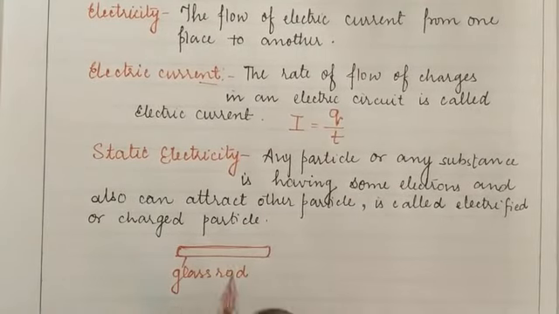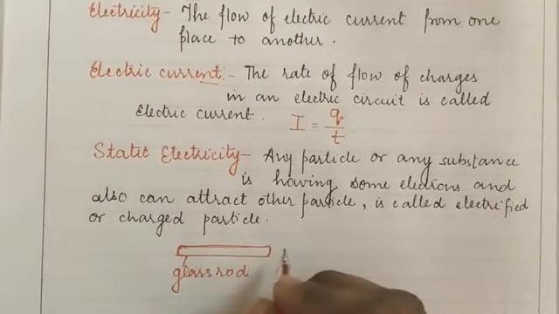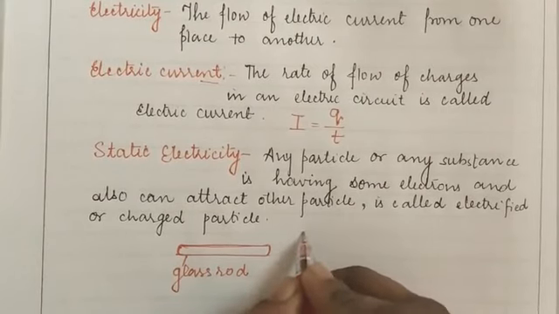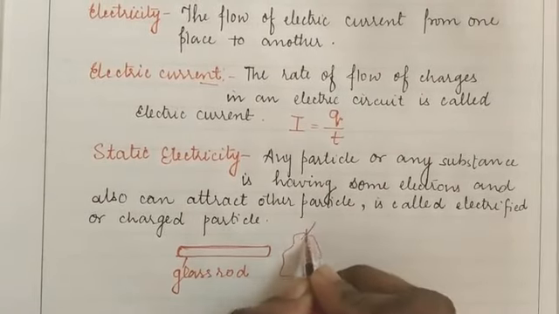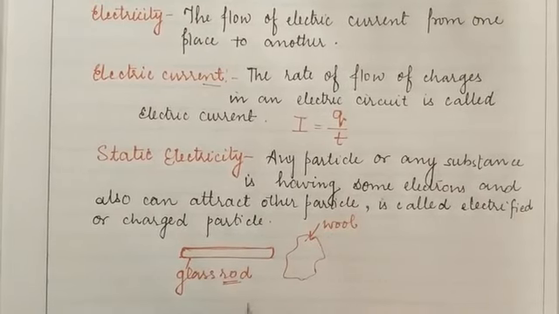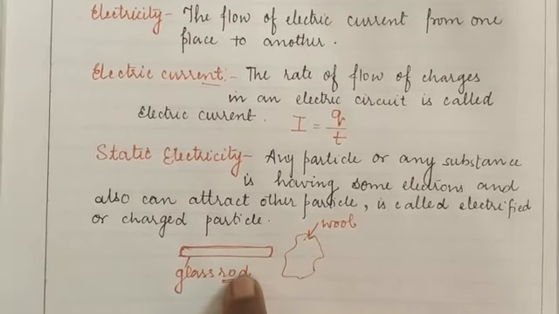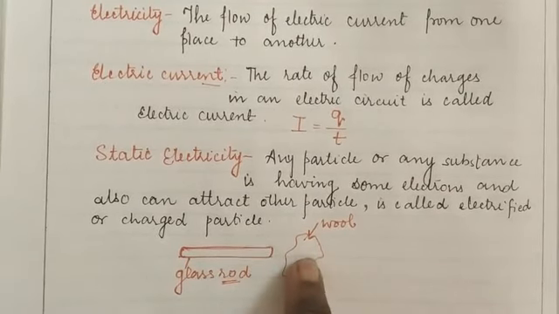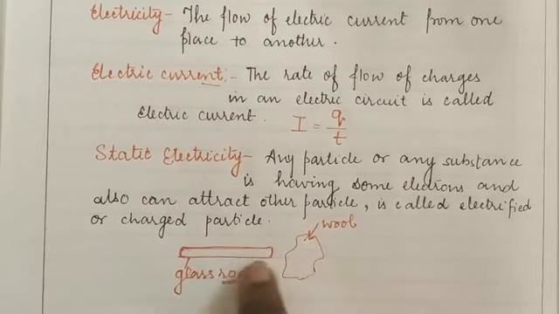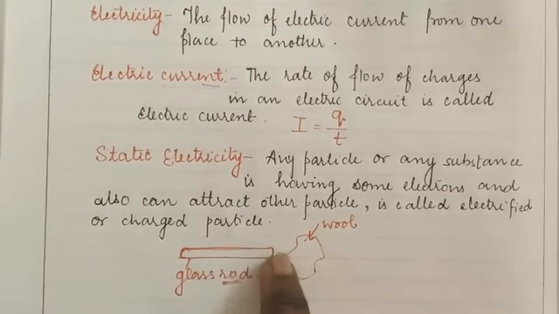Whenever a glass rod, a plastic material or an ebonite material is rubbed onto wool, some amount of wool is taken. If a glass rod, ebonite rod or plastic rod is rubbed with wool, there is an agitation of the charges due to friction.